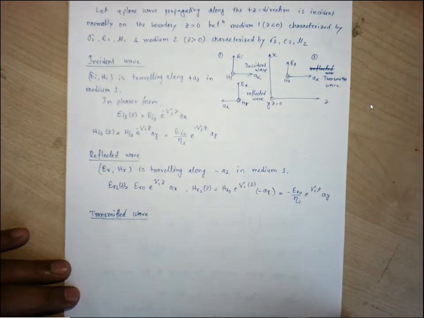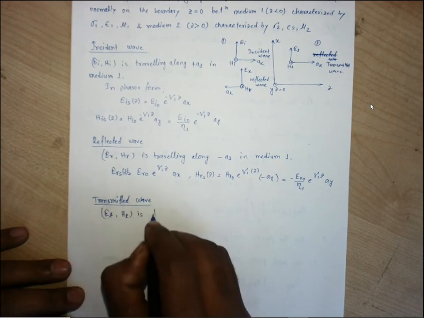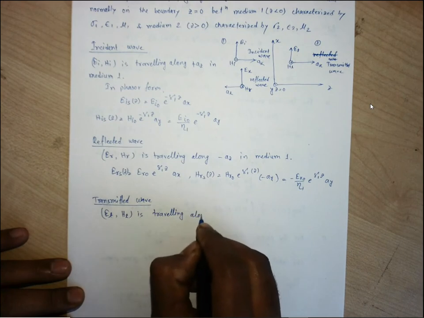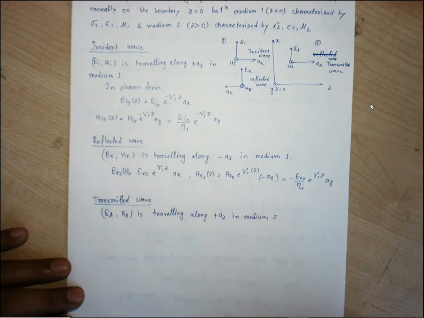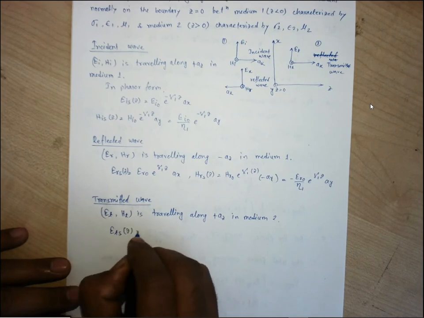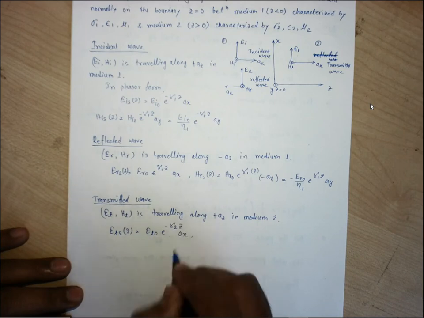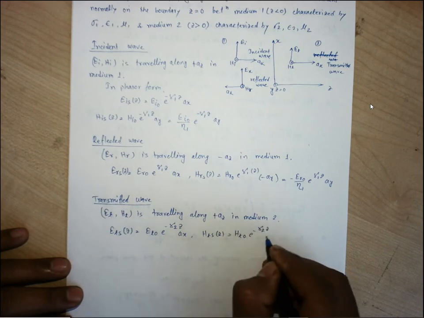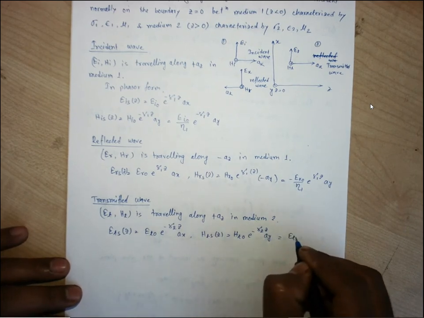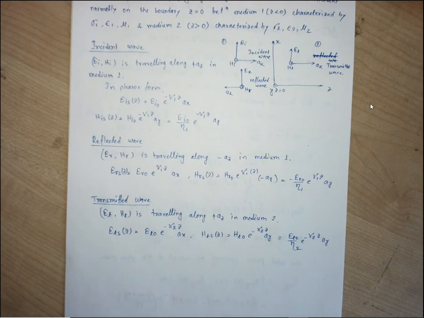The transmitted wave is in the same direction as the incident wave, traveling along plus az but in medium 2, that is ET0 e to the power minus gamma 2 z ax, and the magnetic field ET0 over eta 2, e to the power minus gamma 2 z ay.